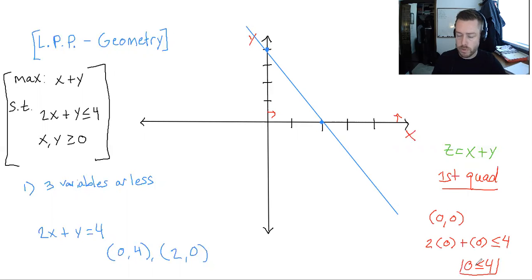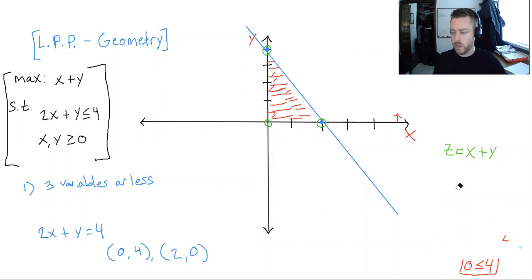That means this triangle here is going to be true because we're bounded by x and y both being positive. To see where our objective function is maximized, you typically want to look at the corners. So here you have one corner right here, one right there, one right there, and we've got this one right here. Let me erase this real quick.